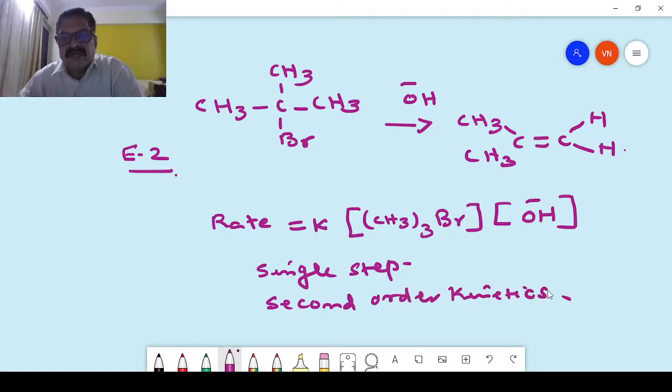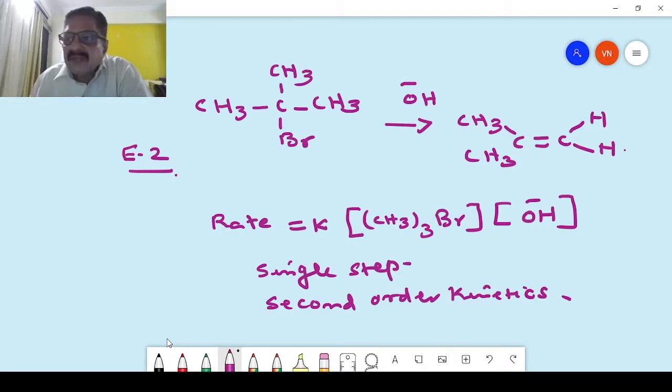Important point here: E2 is bimolecular elimination, with second order kinetics. The rate depends upon the concentration of the alkyl halide and the base. It is a single step, concerted reaction. Now, how will the reaction proceed?